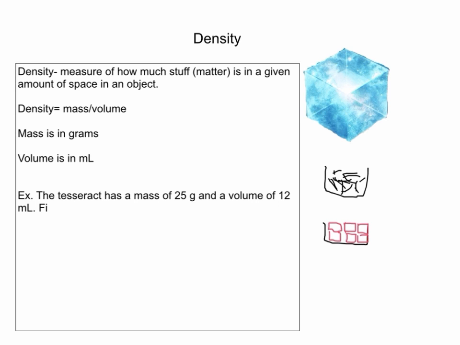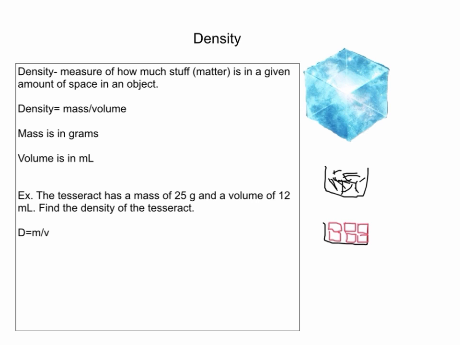And we have to find the density. Whenever I approach a problem like this, the first thing I'm going to say is, well, it's asking me to find density, so I will write the density equation. D equals M divided by V, mass divided by volume.